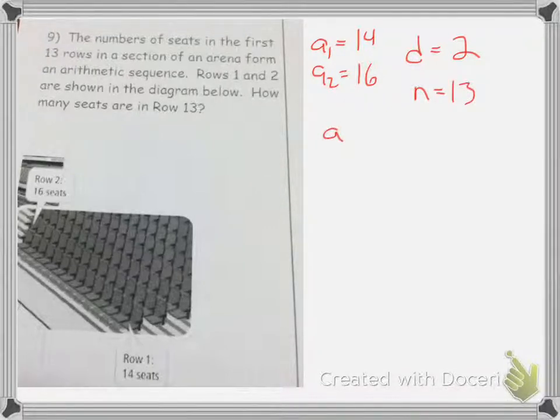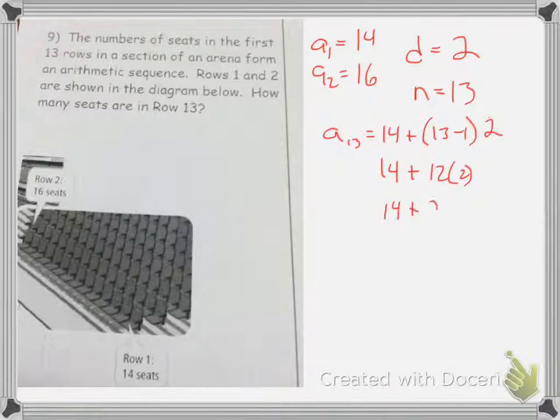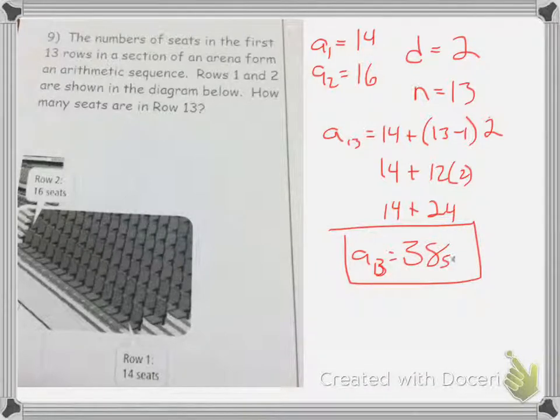So I have A sub 13 is going to be 14 plus 13 minus 1 times my common difference, which is 2. 14 plus 12 times 2, 14 plus 24 is equal to 38. So that means in the 13th row, there are 38 seats. And that's it.